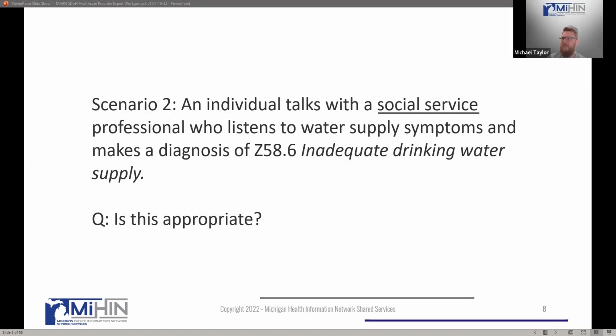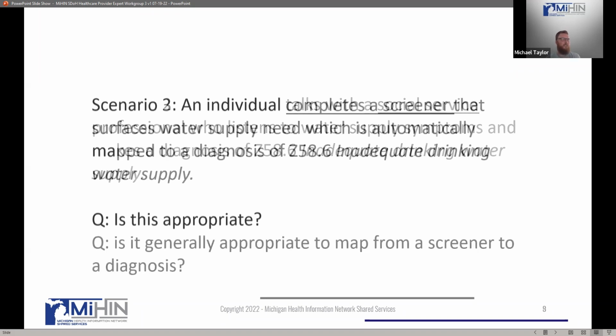Yeah. More thoughts on this one before we move on to scenario 3? All right. For those who have joined recently, we're going through scenarios having to do with Z codes and social diagnosis, and some of these are intentionally loaded just to get responses and reactions and stimulate conversation.